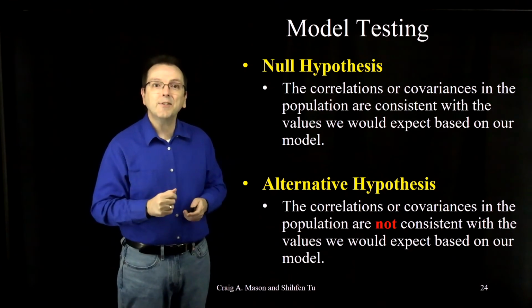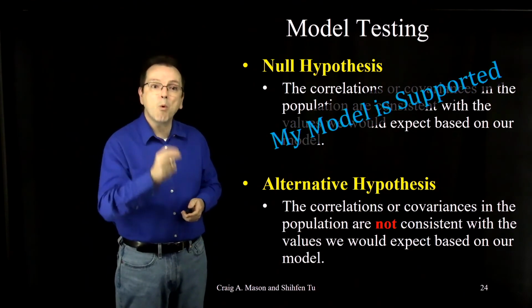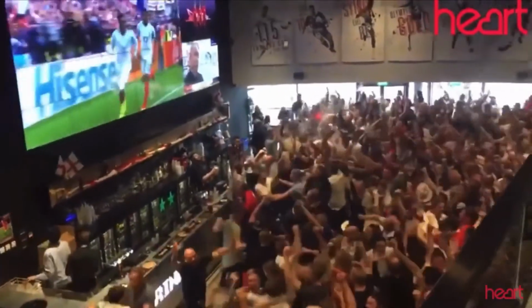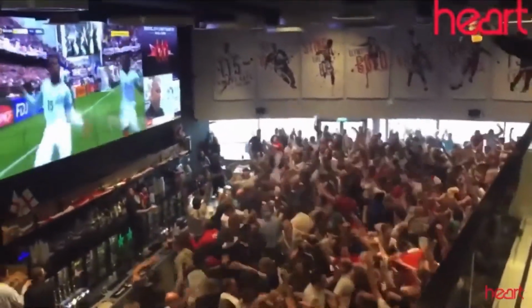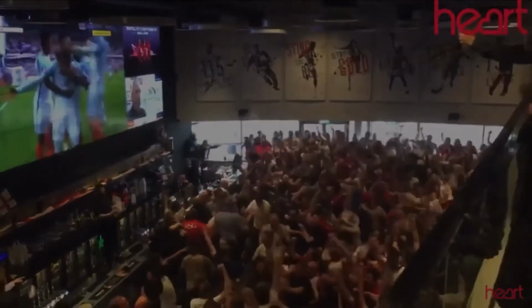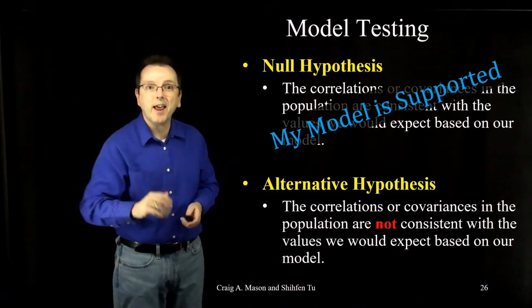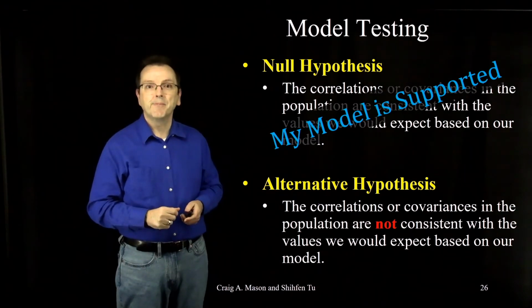A non-significant chi-square supports my model. I want to keep the null hypothesis and not have to reject my model.